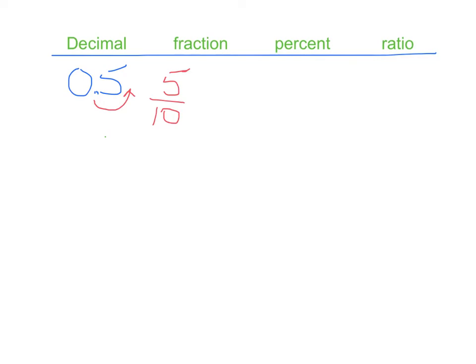Don't forget 5 and 10 can both be reduced by 5, so this reduces to 1/2. If I wanted to double check, 1 divided by 2 does give me 0.5, so that's the correct fraction. So far, I have 1/2 as my fraction.